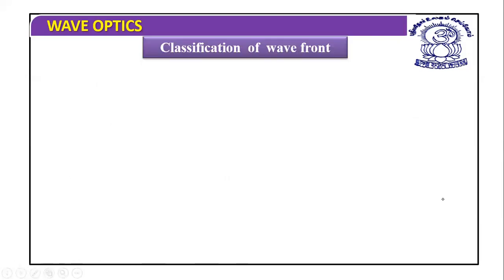Now, let us understand the classification of wavefronts. This is the point source. Surrounding it, there will be a sphere of light. Part of this sphere is called spherical wavefront.